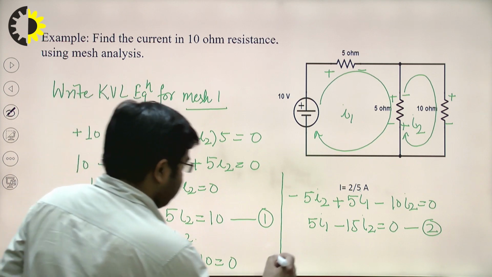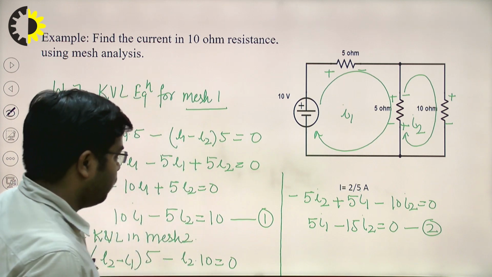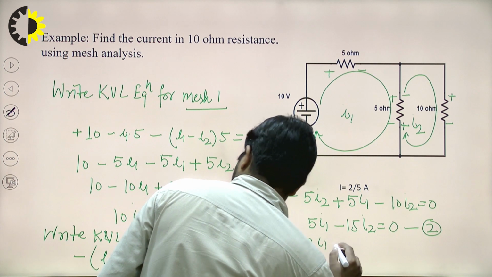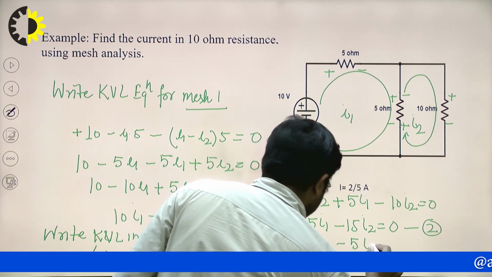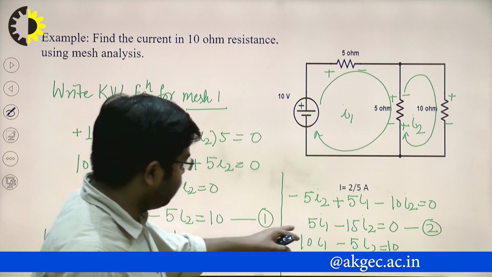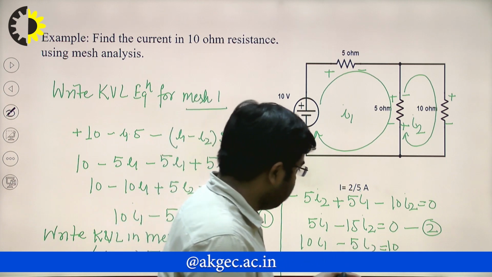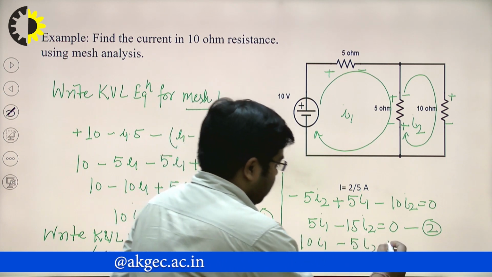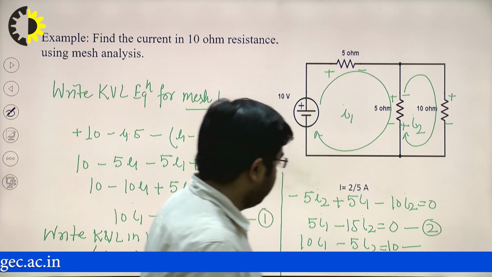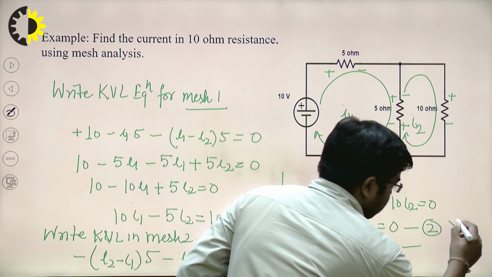So you can write here 10I1 minus 5I2, that is equal to 10. Actually here you have to find out this current I2, so it's better to multiply equation number 2 with 2.